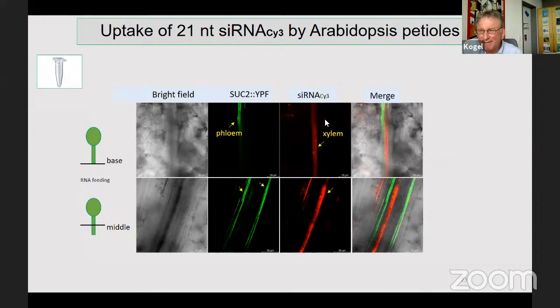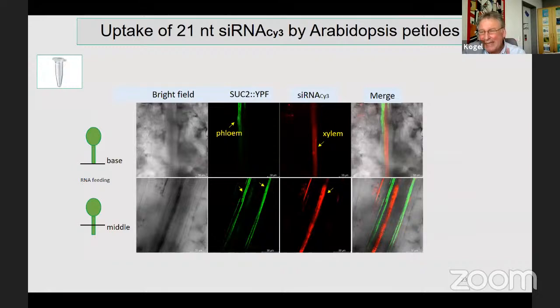And if we feed here the double-stranded RNA via the base, you see an accumulation of the RNA, but this is xylem. It is not phloem, but the xylem. If you see here the merge, you clearly see it's only in the xylem, the red color here, and it is not connected to the phloem, indicating that the RNA is not taken up in the symplast.